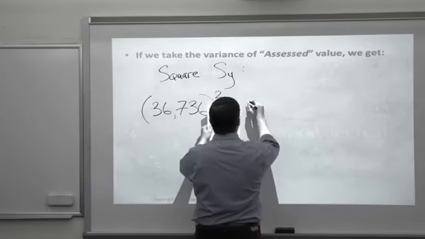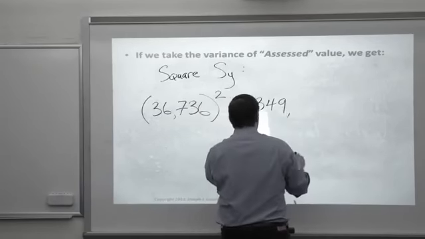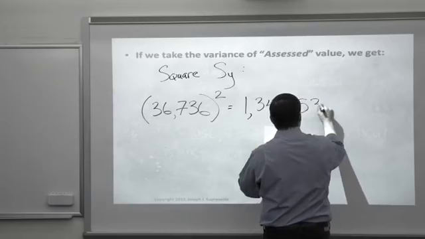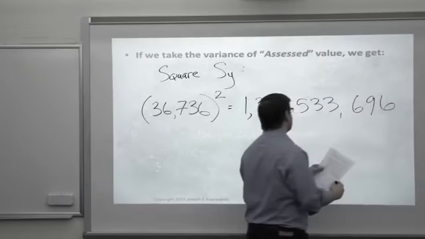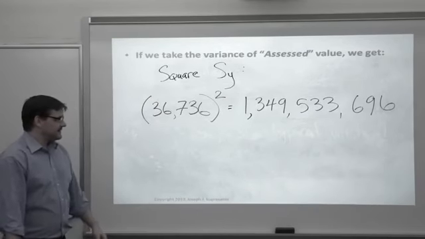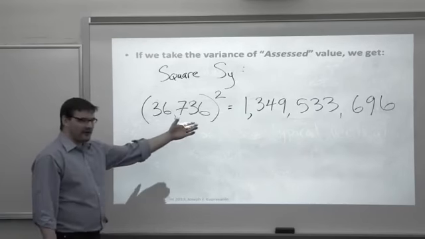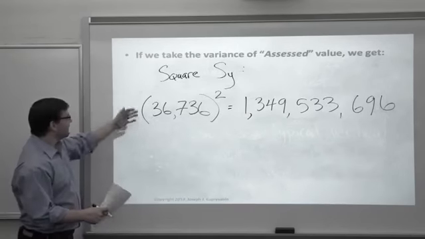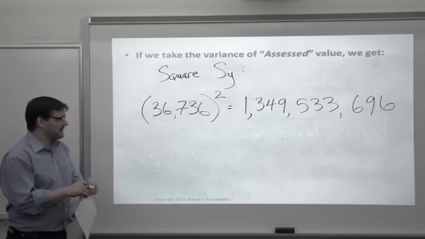This is about 1,349,533,696, about 1.3 billion. Okay, that's the variance for the Y value, which was assessed.